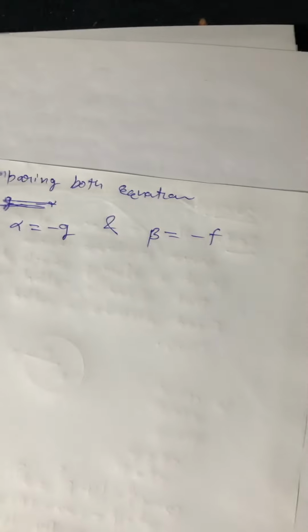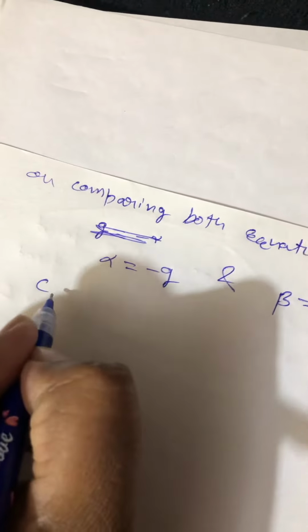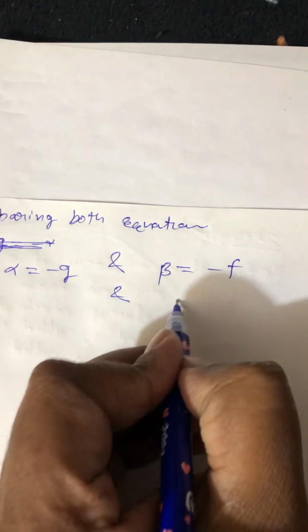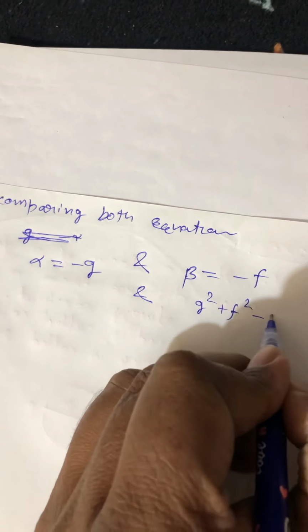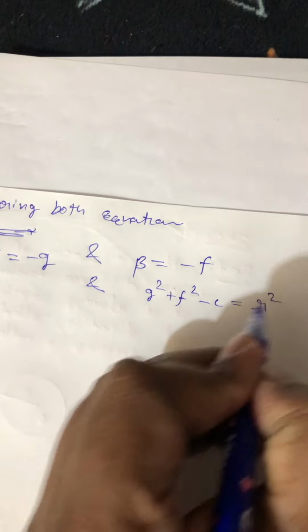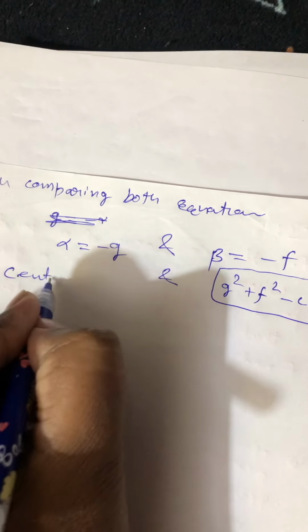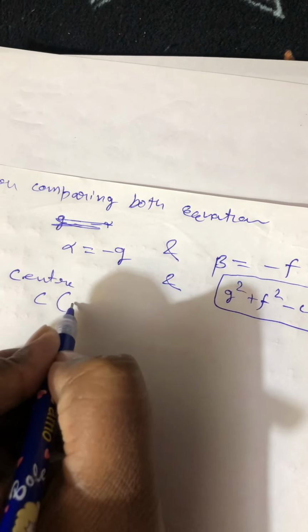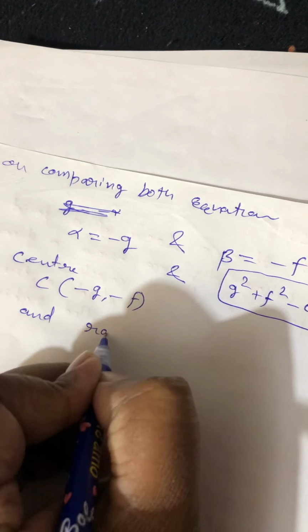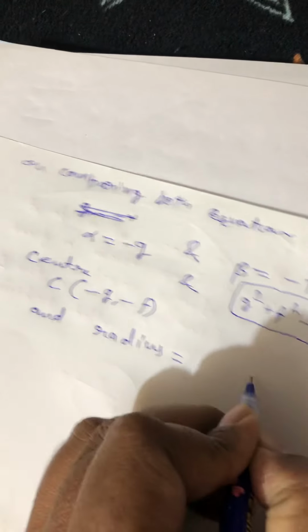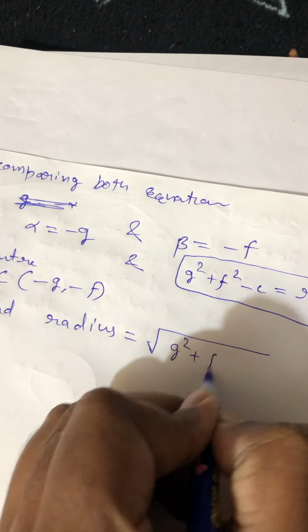If I compare the coefficient of x with the coefficient of x and the coefficient of y with the coefficient of y in both equations, then I will have the center and radius. So the center will be minus g comma minus f, and the radius is equal to the square root of g square plus f square minus c.